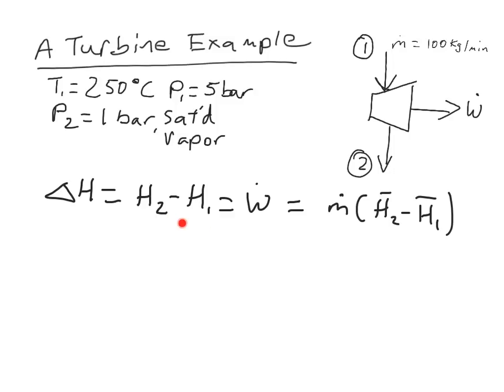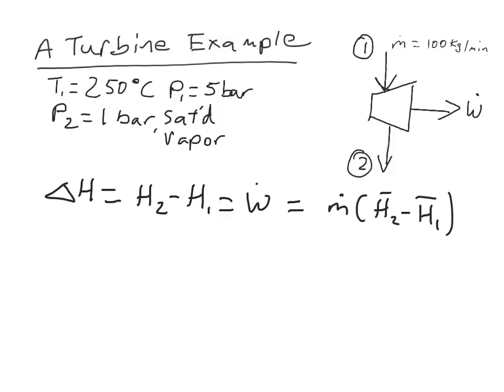This is the total enthalpy change, but that's also equivalent to the mass flow rate multiplied by the specific enthalpies. And since this is steam, we're in luck that we can look up these values, H2 and H1, from the steam tables. Then we just need to plug the values into this equation to solve for the work.